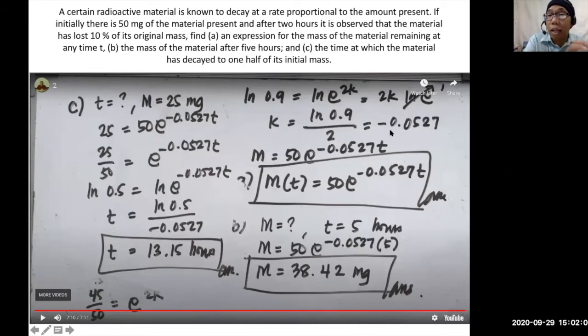So importante pa rin na alam mo kung paano isulat yung given muna. Kasi in that way, malalaman mo kung ano yung mga conditions na gagamitin mo to solve for the constants. So that's the purpose of me showing the entire solution. Thank you po, sir. Importante alam niyo yung paano magsimula, kung saan galing yung C e raised to KT. Okay? Clear? Okay po, sir.